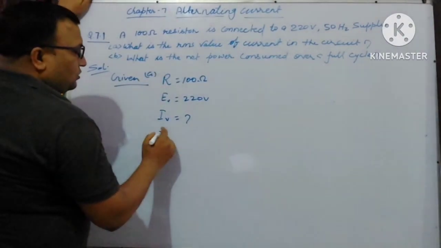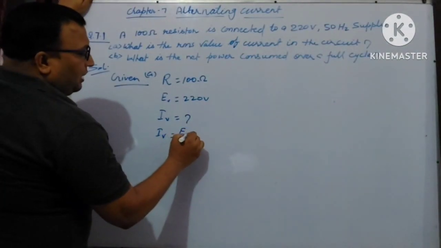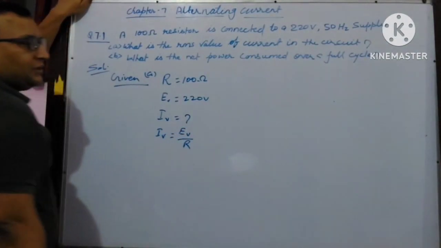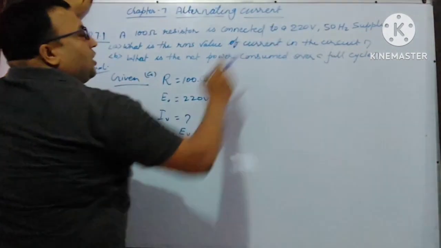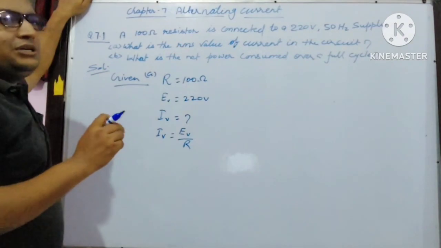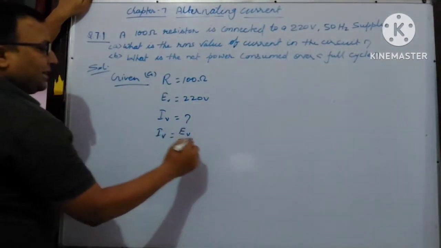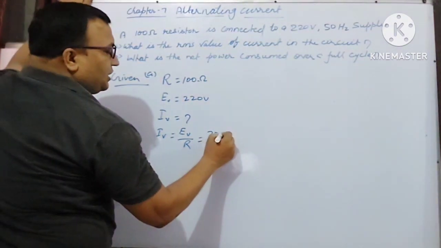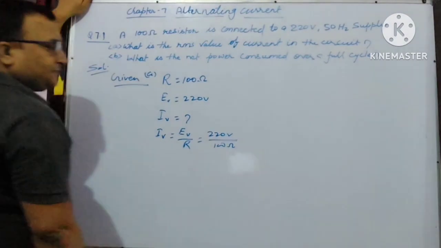IV equal to EV by R. The EMF provided in the circuit is the RMS value of the EMF. So I will write the value: 220 volt divided by 100 ohm resistance.